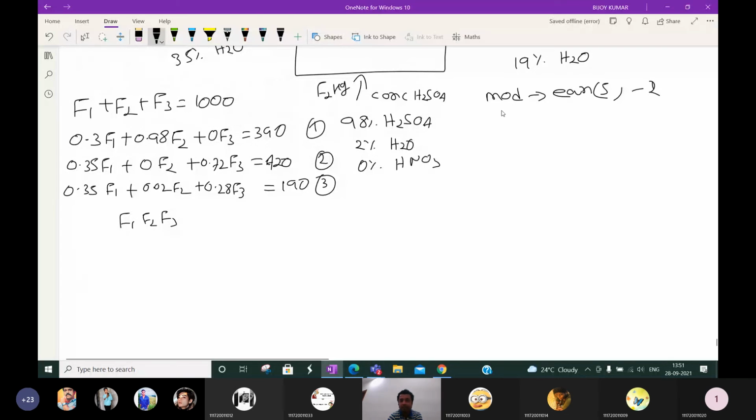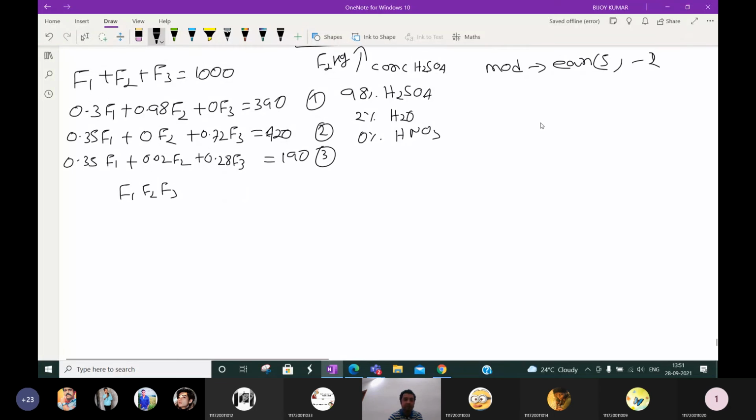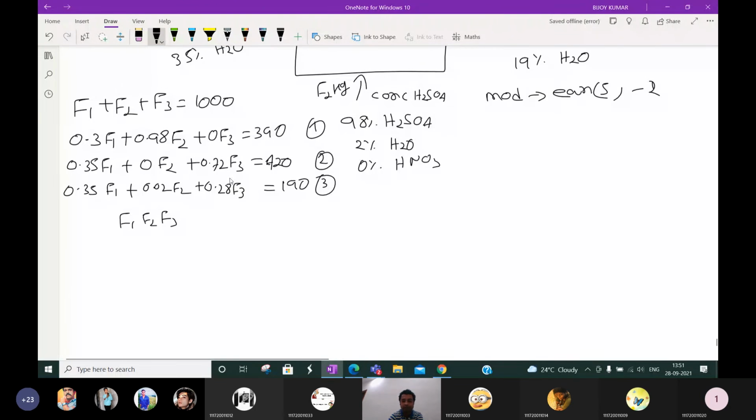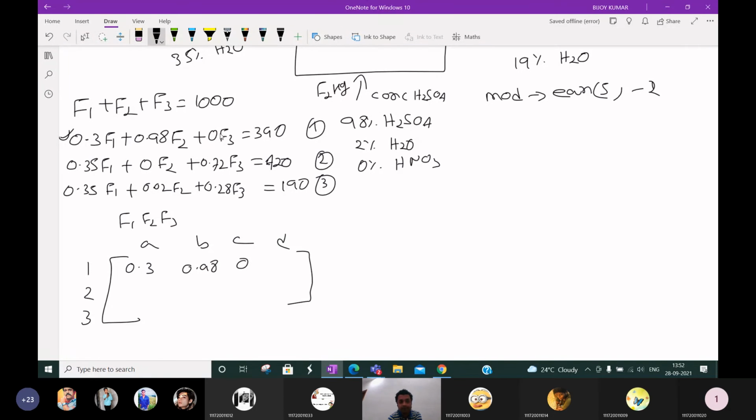After clicking this in equation mode, the fifth option and second option solve three-variable equations. We get A, B, C, D. For the first equation, A will be 0.3, B will be 0.98, C is 0, and D is 390.